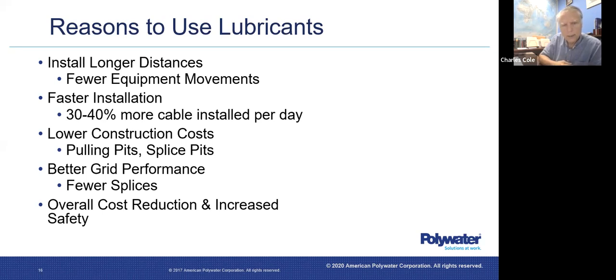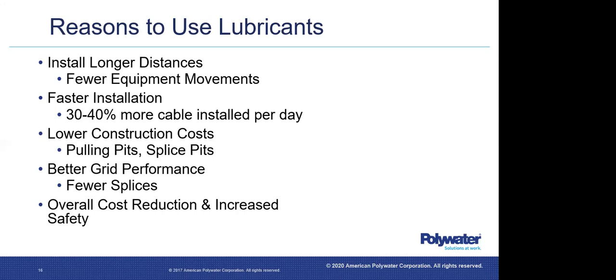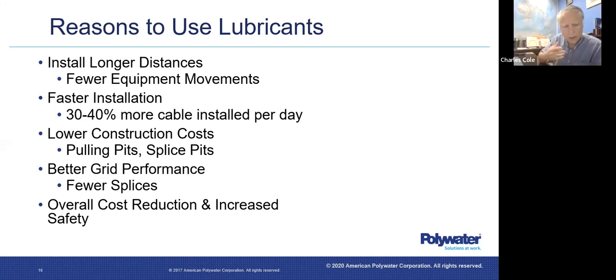And if the utility or the contractor can install longer distances, they can minimize the cost of the splices, which are very, very expensive. In one case, the splice cost for these HVDC cables was over $100,000 per splice. So if you can eliminate 2 or 3 of those, you're saving a lot of money.